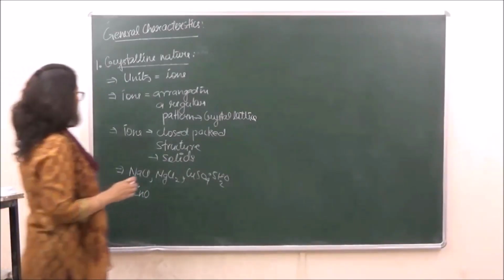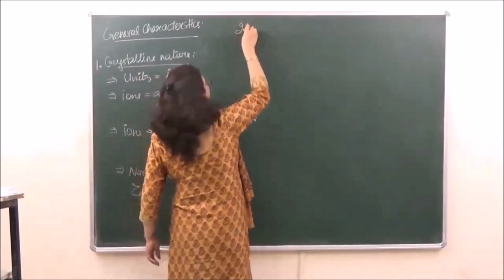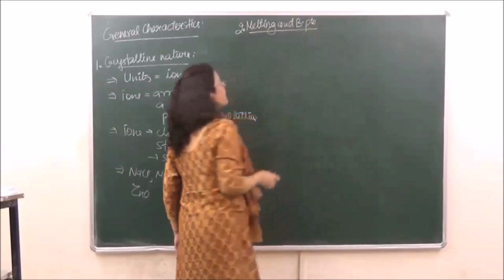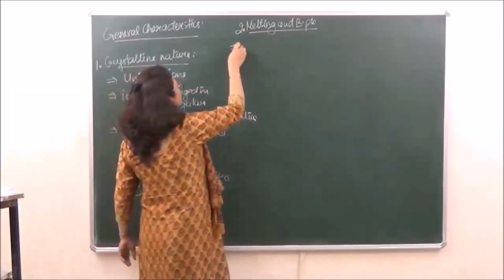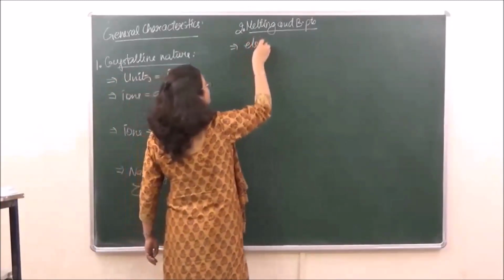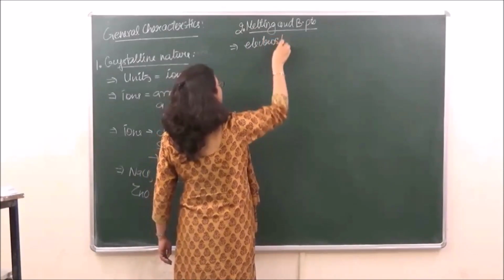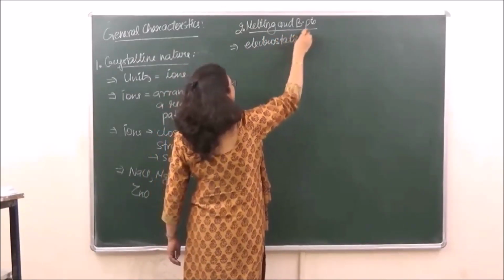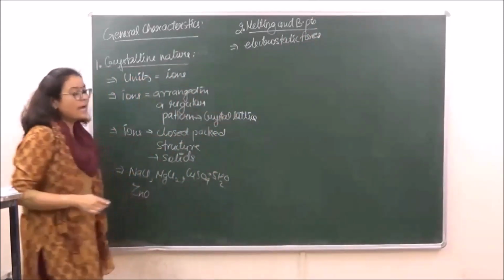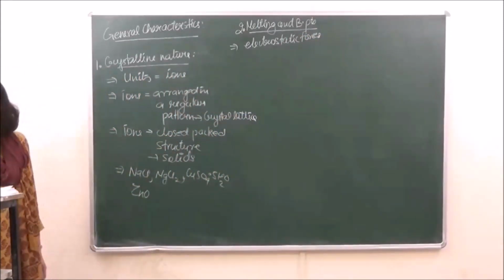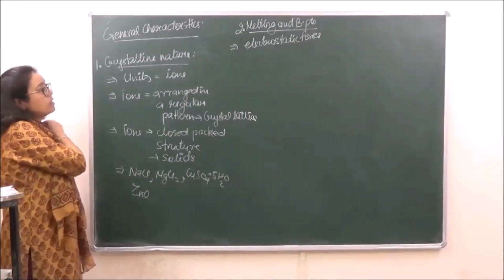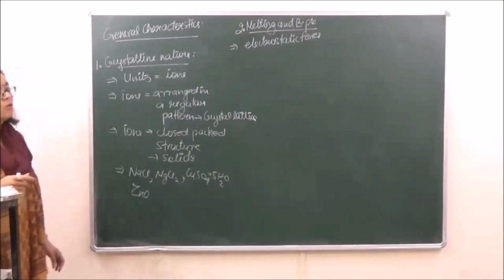Then number 2, we come to melting and boiling points. Now we already know that in ionic bonds the forces of attraction present are electrostatic forces of attraction. Okay? As a result the ions are very closely bound to each other. So their positions cannot be altered by just applying small forces.